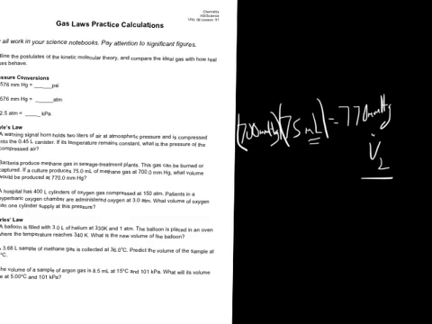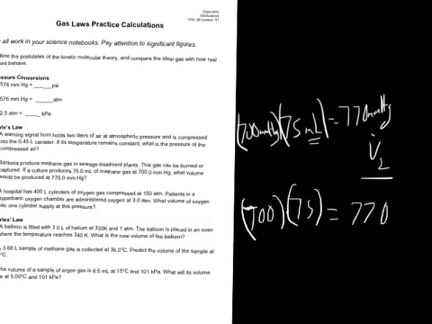So what I'm going to initially do is take 700 times 75, which is equal to 770 times my final volume, and I'm going to solve for my final volume. 700 times 75 is 52,500.